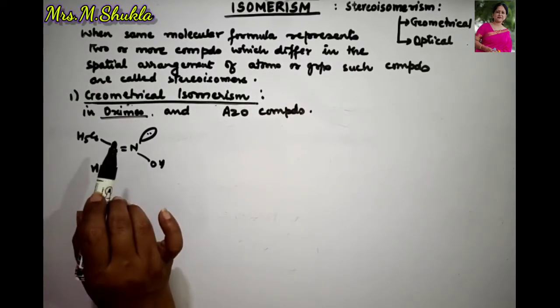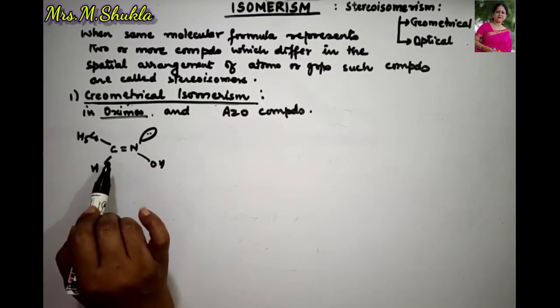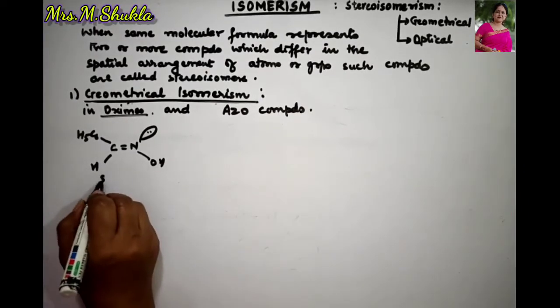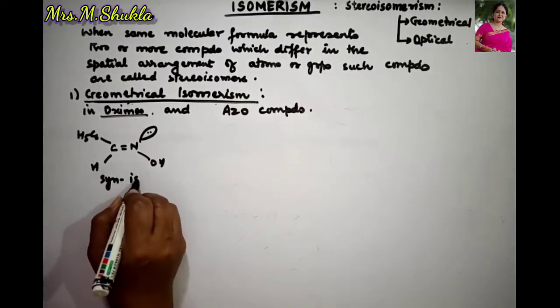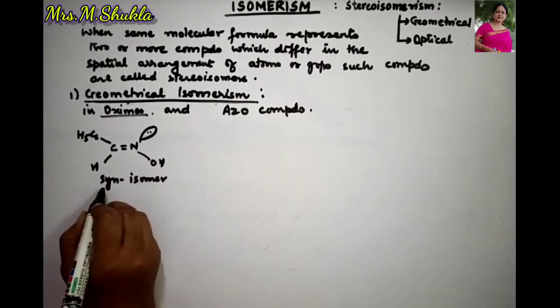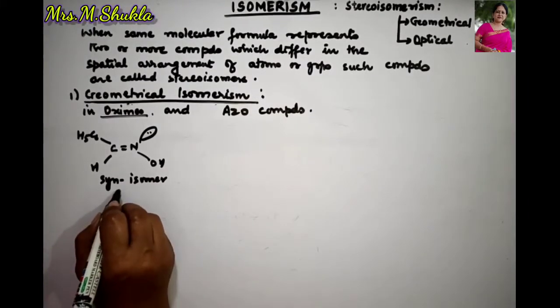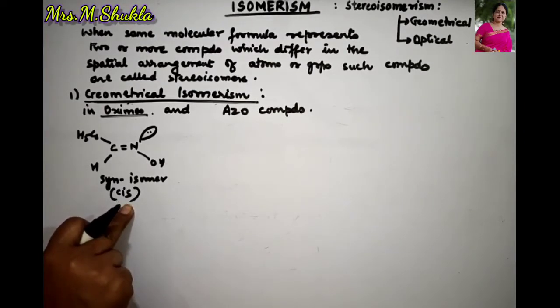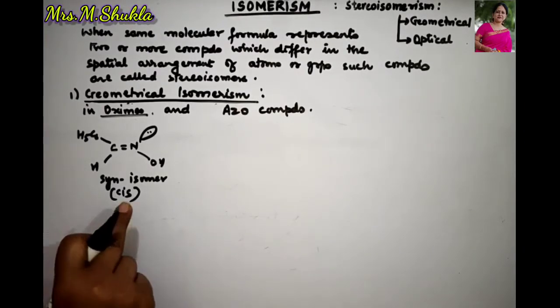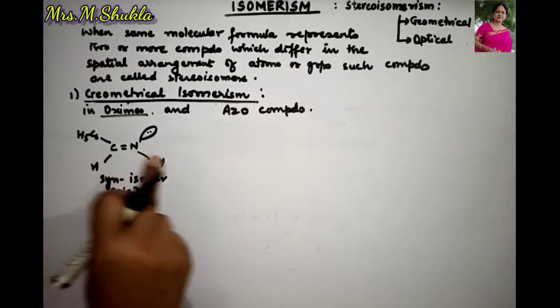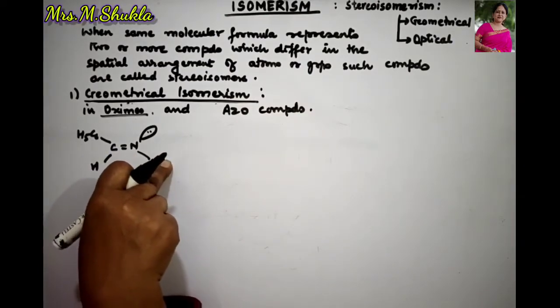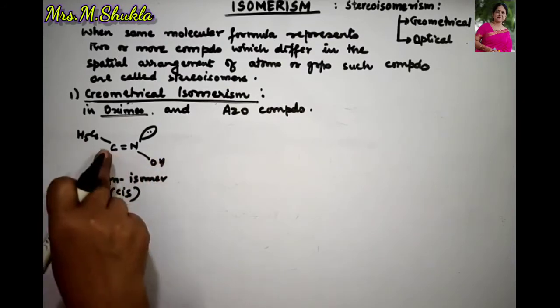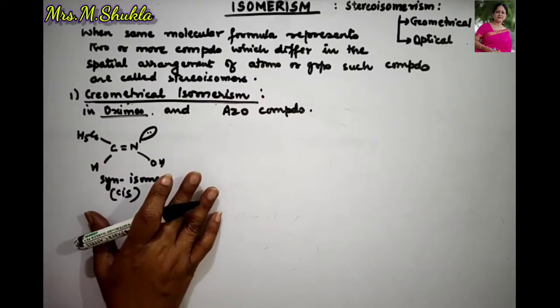Now especially in case of oximes, here it is going to show you syn isomer. Now syn isomer is an analogy of cis. It is used for the word cis, right? It is one in which you can see the hydrogen atom and the hydroxyl group, or the OH, on the same side of the double bond. Clear?